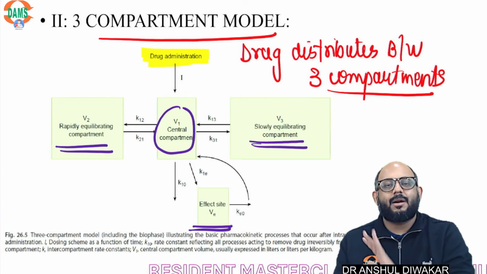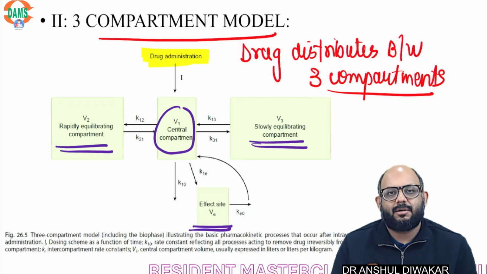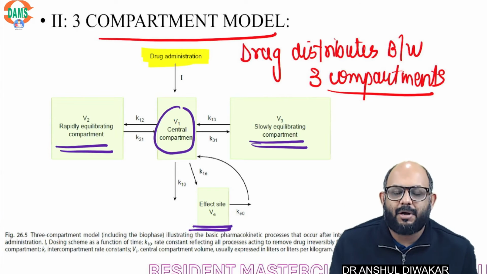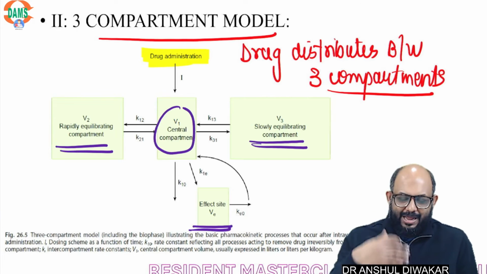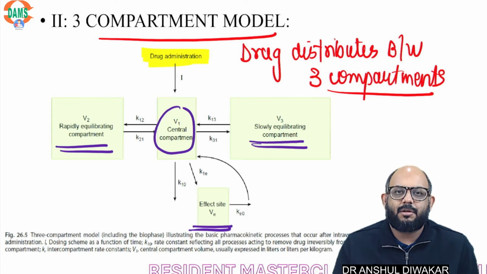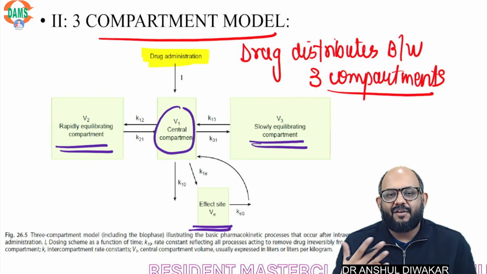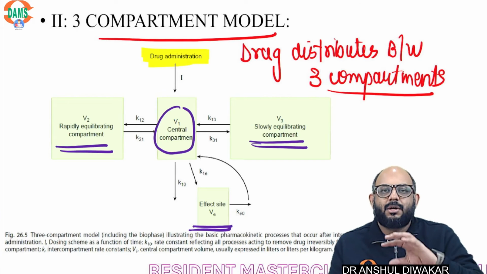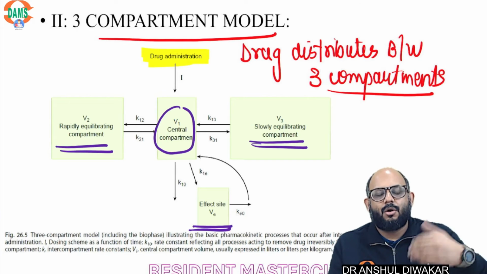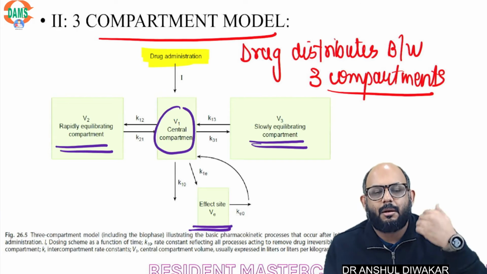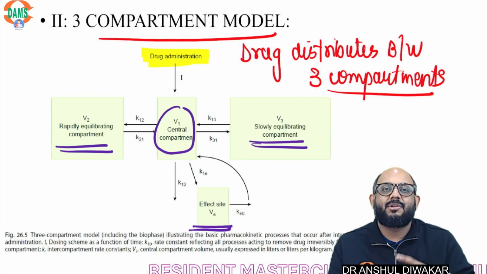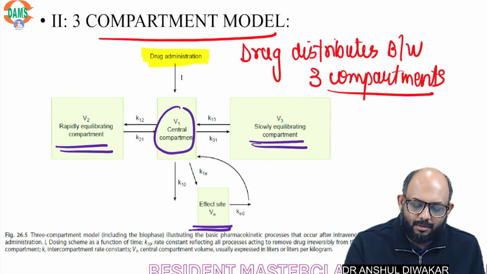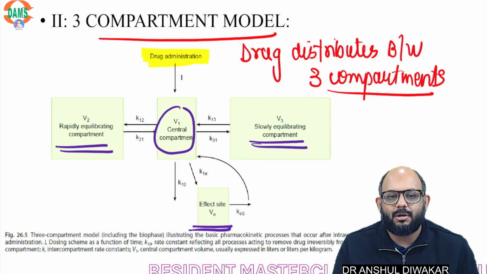Now for every transfer there will be a coefficient, the factor that is going to decide the transfer from one compartment to another, which is primarily based on the drug concentration, but it is also affected by the lipid solubility of the drug, the lipid component of the concerned compartment, the cardiac output, the regional blood flow, and the avidity with which the drug binds to the receptor in that particular organ.